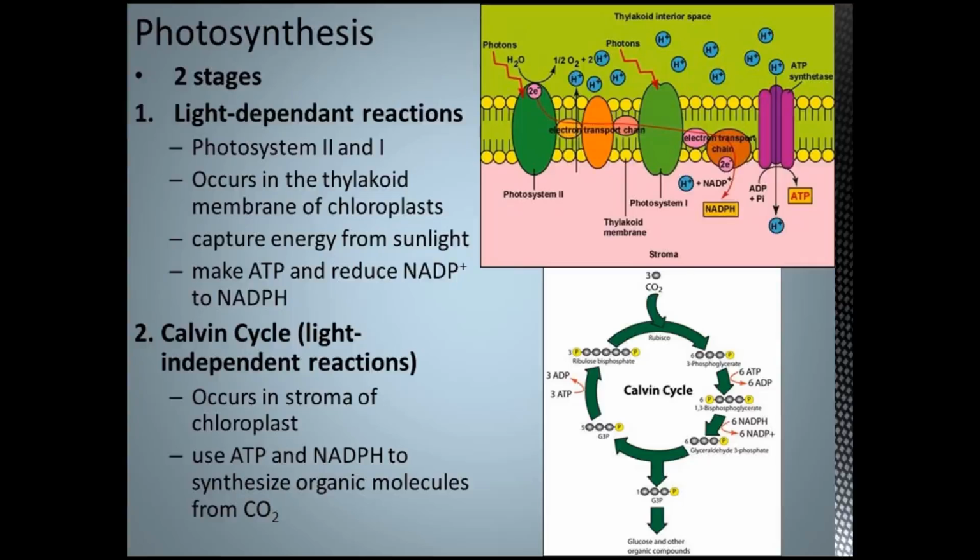What is light dependent? Light reaction. That means the plants get sunlight. Sunlight is important for the light dependent reaction.